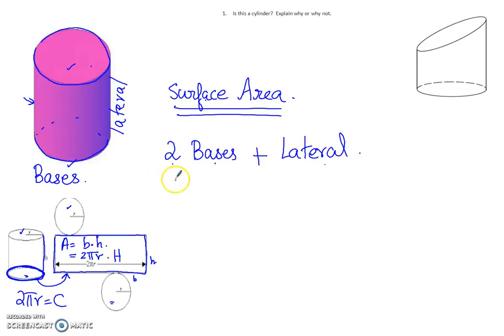To complete the formula for surface area, it's 2 times the area of each base. Each base is in the shape of a circle, so pi r squared is the area of a circle.